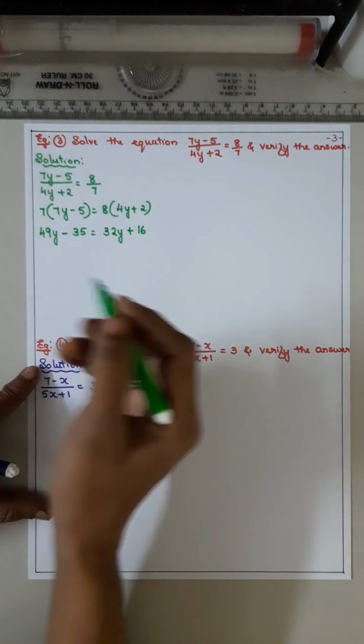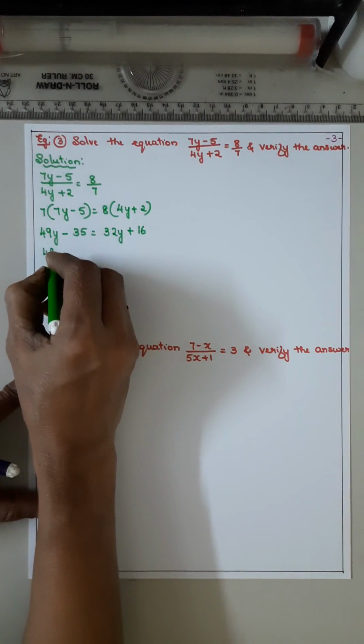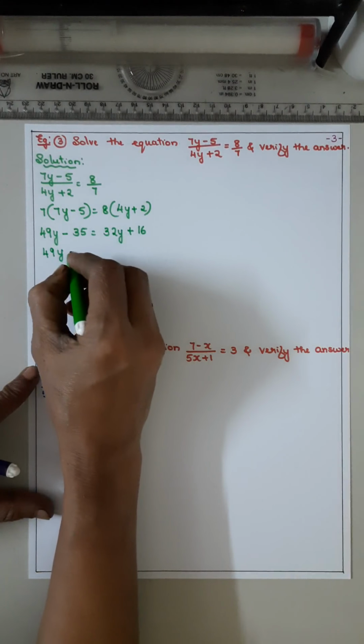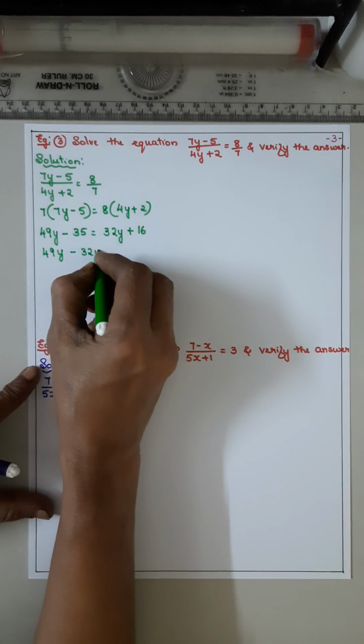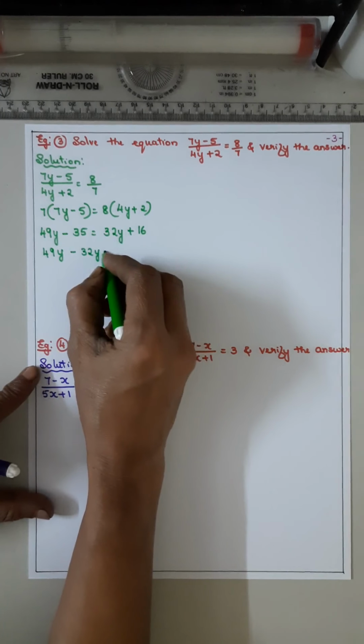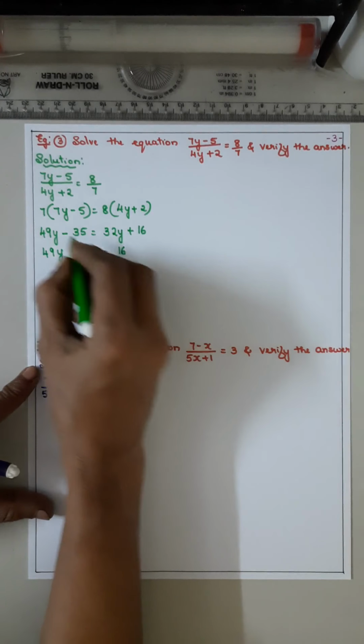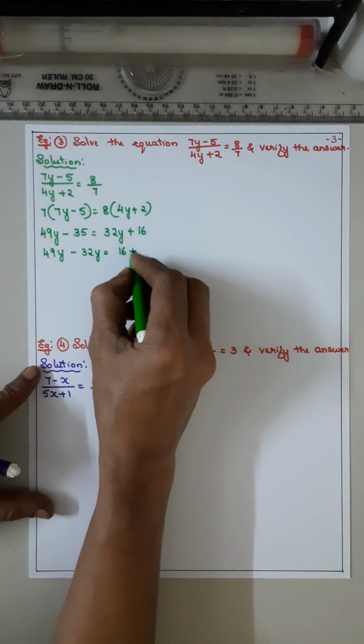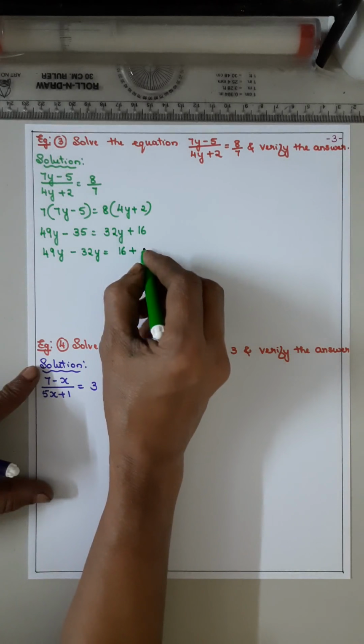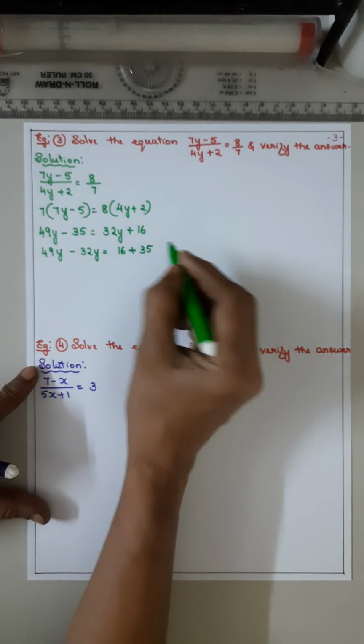Now bring y to the left side. 49y minus 32y, this becomes minus, is equal to 16. Bring 35 to the right. Minus 35 becomes plus 35.